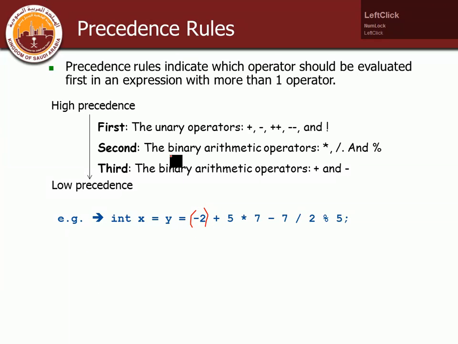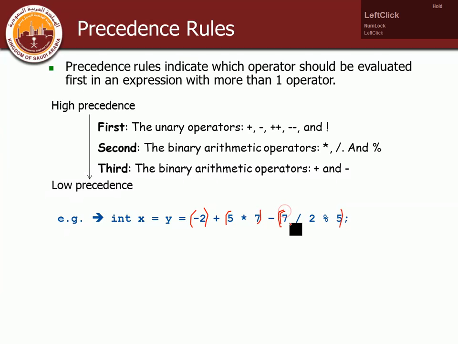The second thing that we're going to look at, check those that have multiplication or division or modulus division. These are the ones that I'm going to start with. That means I'm going to start with these, and then what about these ones? All of them have the same weight. So if I have this, which one do I start with?